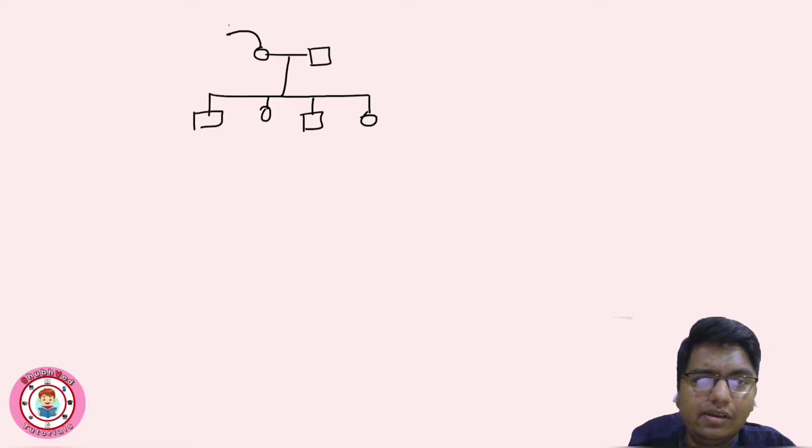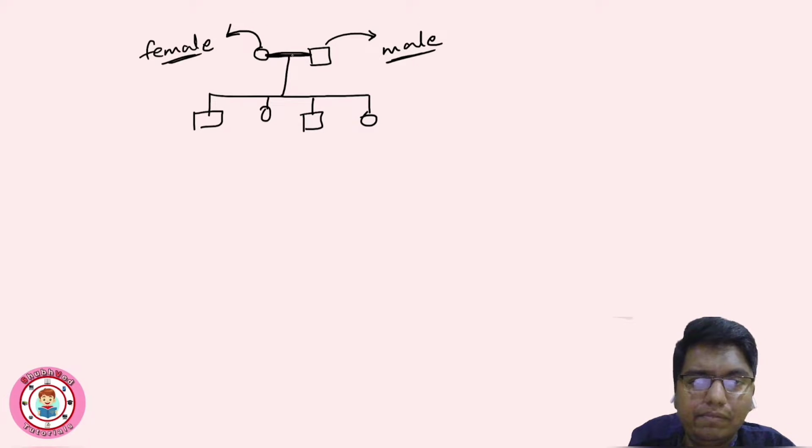This circle represents a female, and the square box represents a male, and this line between them is known as mating. It means these two are a couple: this is a husband and this is a wife.